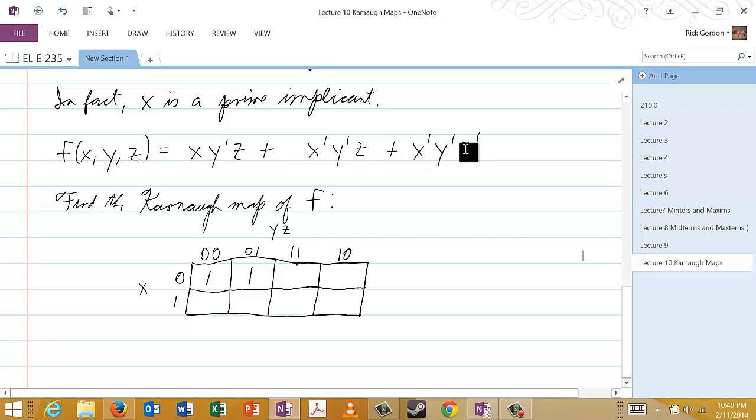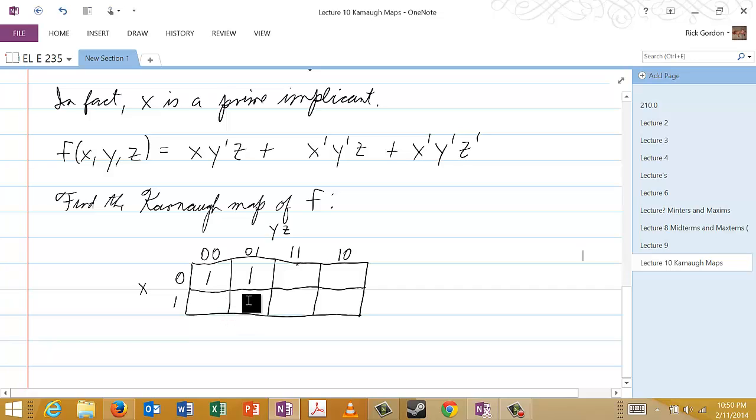So we don't have to worry about these last two terms at all for this last row. We only need to look at the first term. And so when x is 1, y is 0, and z is 0, this first term will be 0 because z is 0.